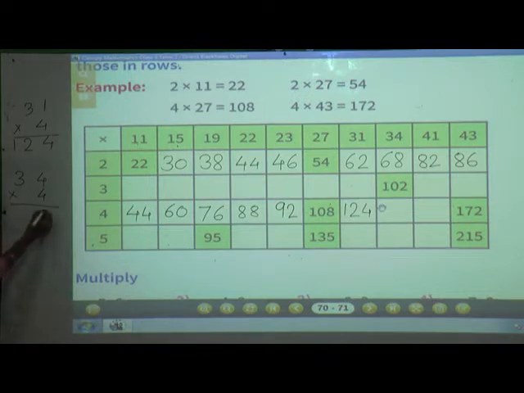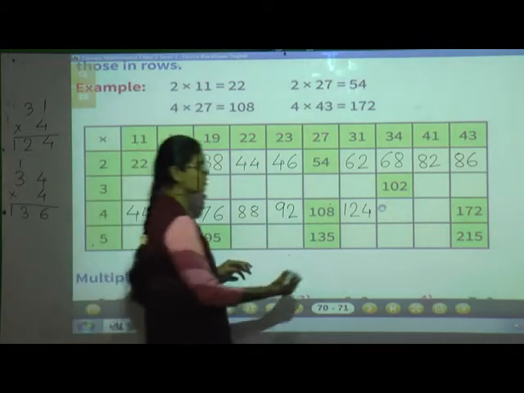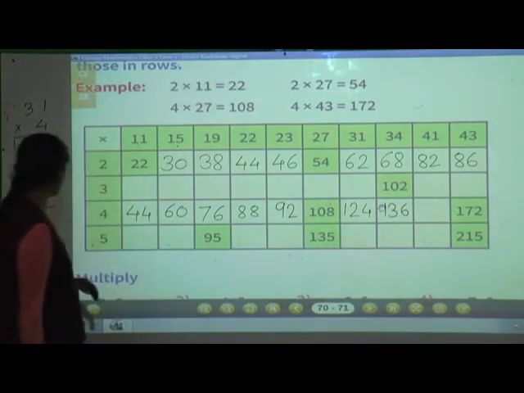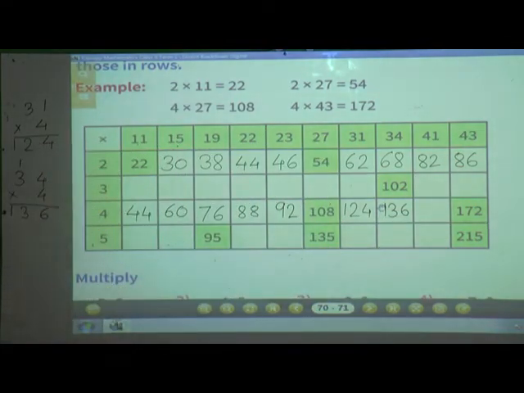So at ones place we will write 6 and then 1 will give as a carry to the tens place. Okay. Then 4 into 3 tens. 4 3s are 12 plus 1, 13. So write here 13. So 34 into 4 is equal to 136. So write here 136.